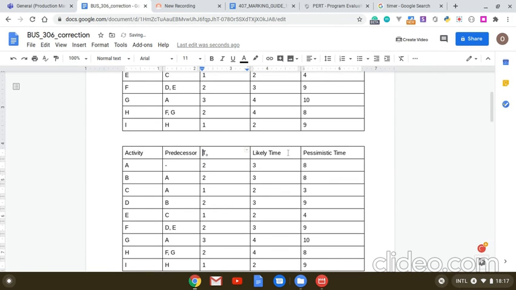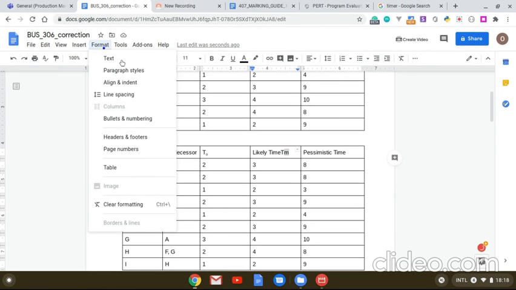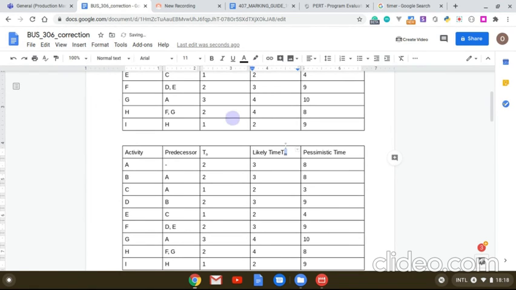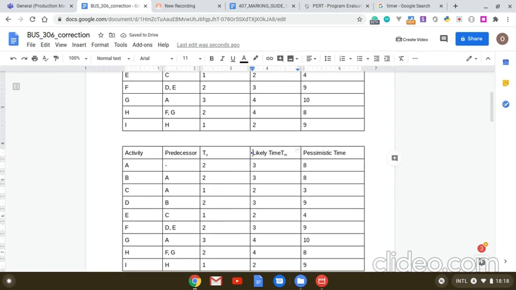This is me trying to solve this problem. Next thing, I turn this one to T subscript M, which is the most likely time. I highlight M, click on format, I use text and subscript, and I remove this.